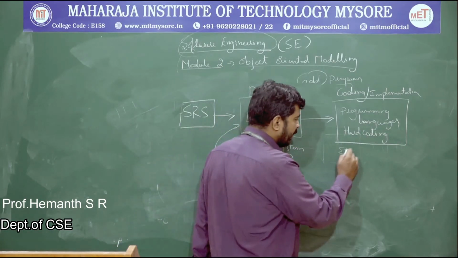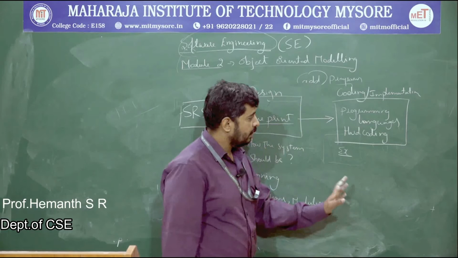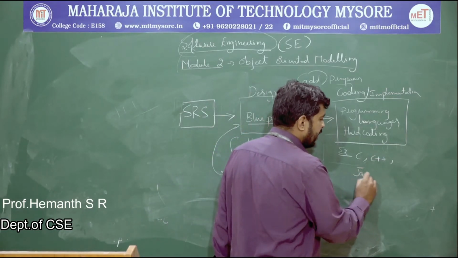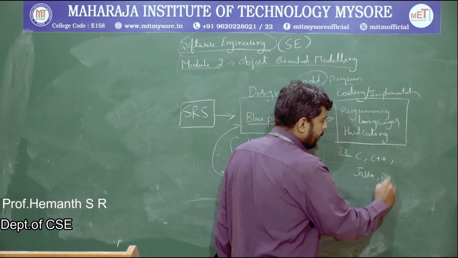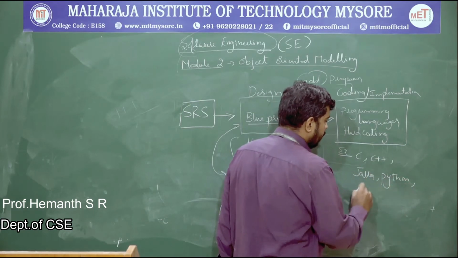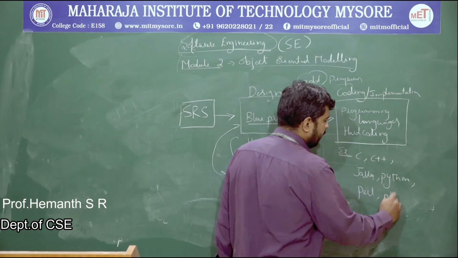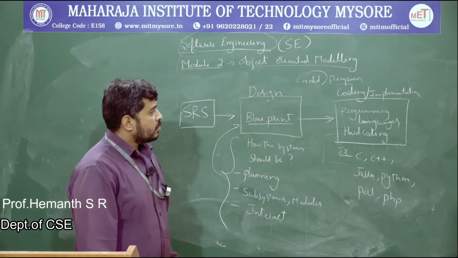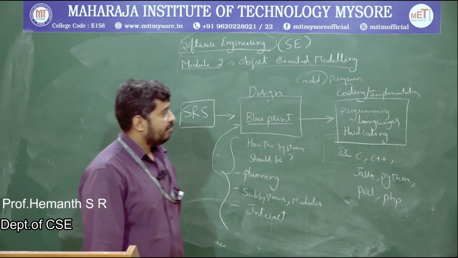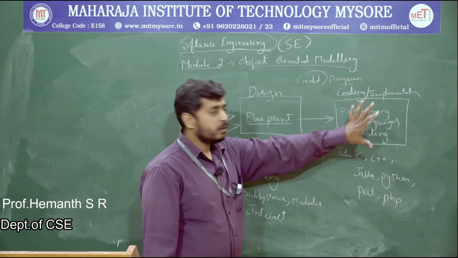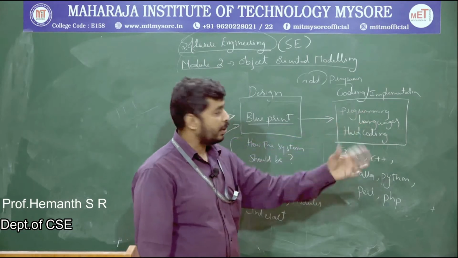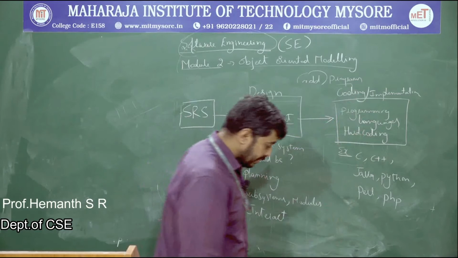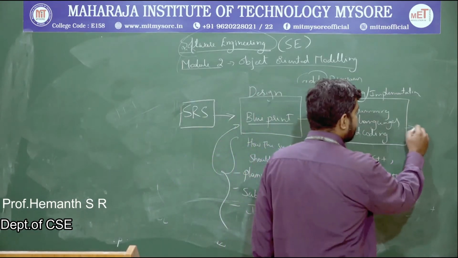Examples of different programming languages you have already seen, starting from C, C++, Java, Python, Perl, PHP. So you come out with a working model, a deployable model in this case. Once you are done with coding and implementation, then you go with the testing.